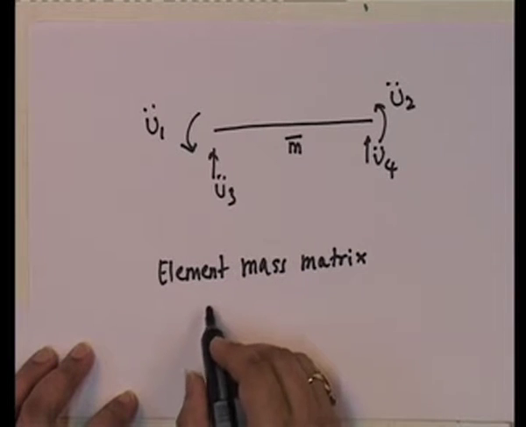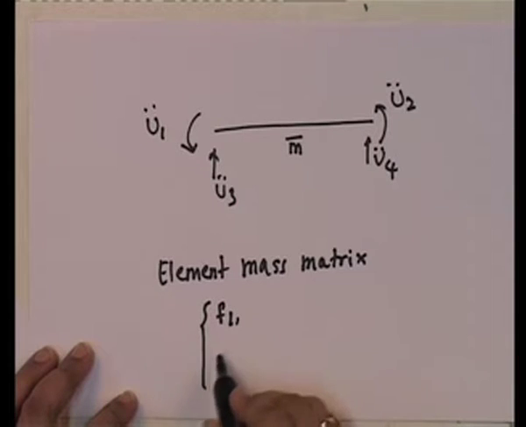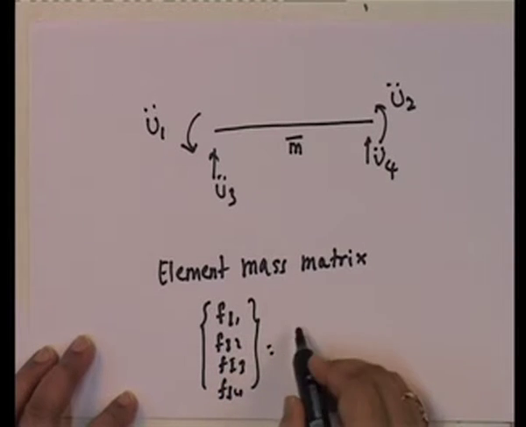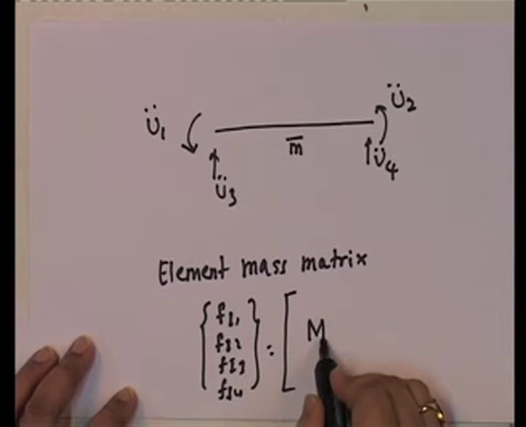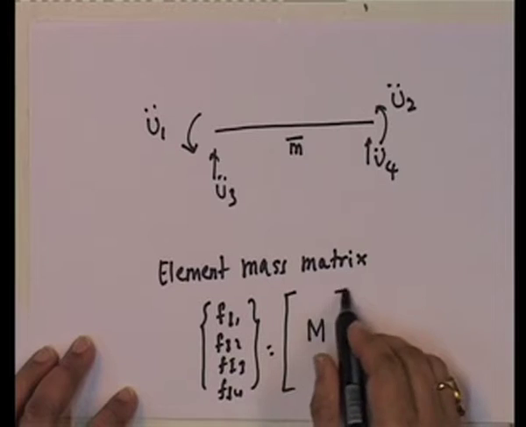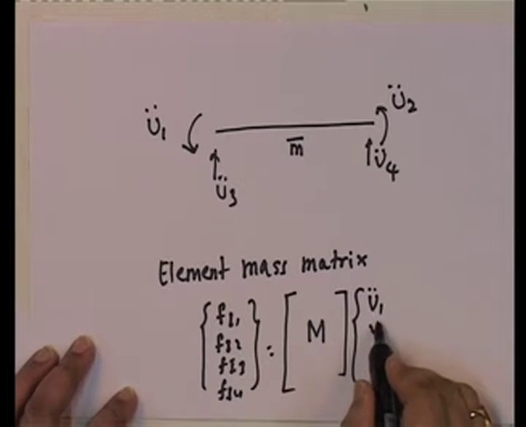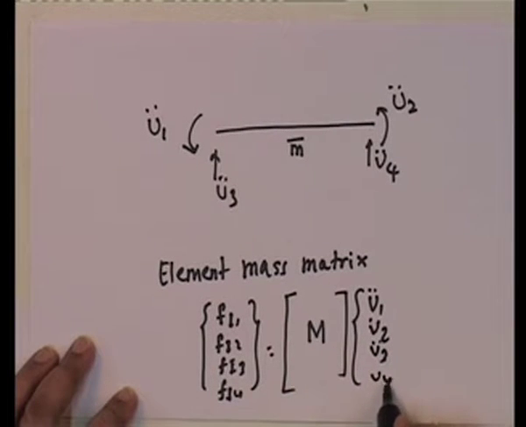The element level mass matrix becomes the following: FI1, FI2, FI3, FI4 is equal to m into V1 double dot, V2 double dot, V3 double dot and V4 double dot.